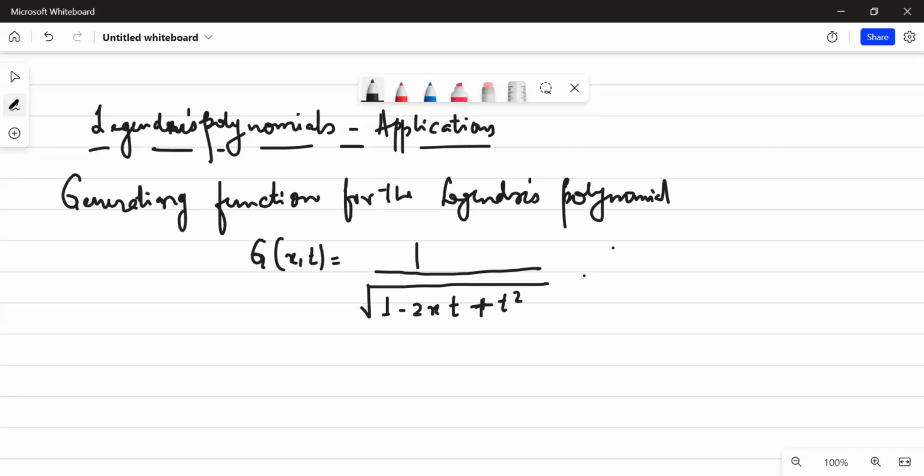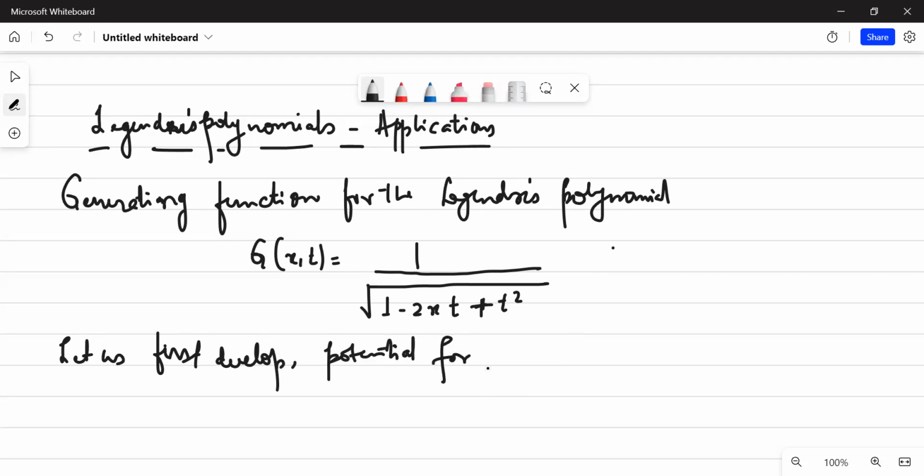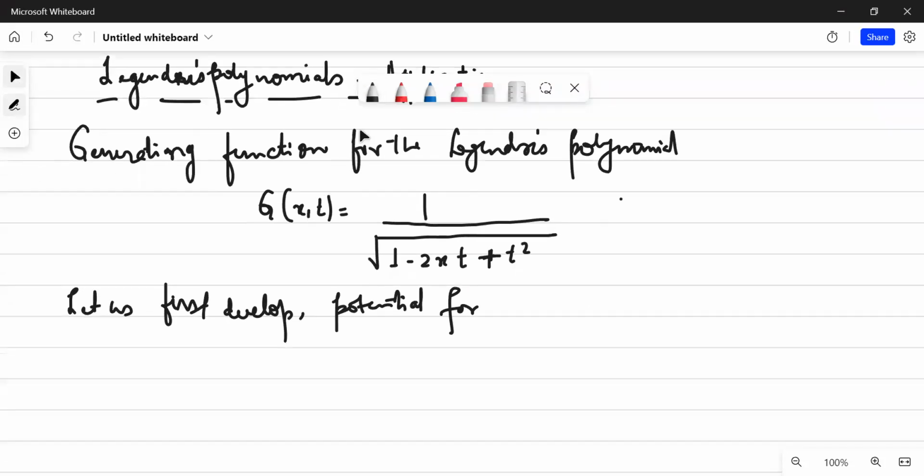And taking a very simple case at first, let us first develop the potential. You can take this as a warm-up for the multipole expansion that we're going to do in electrostatics.